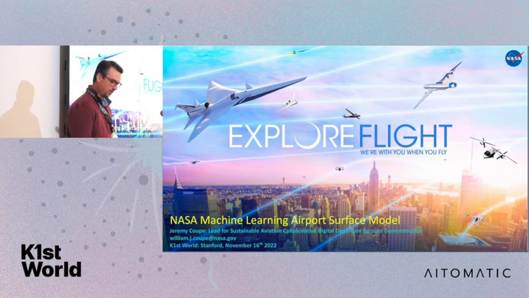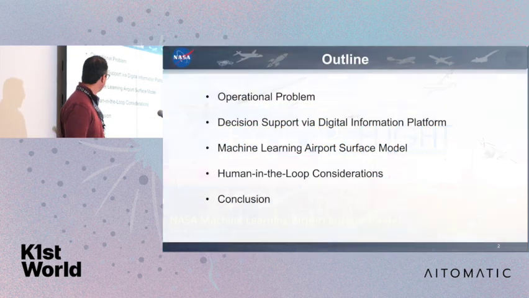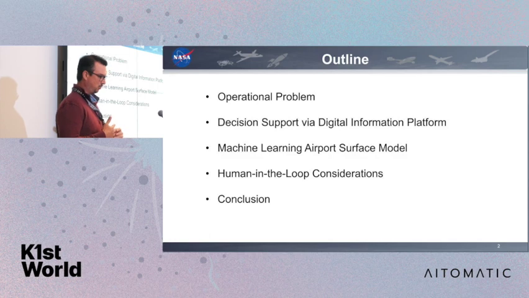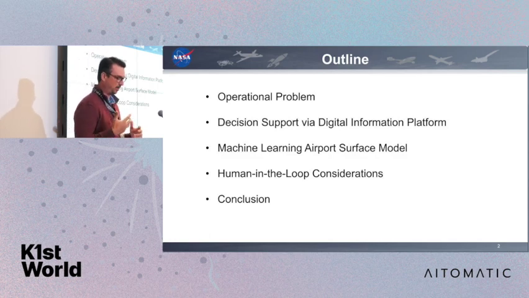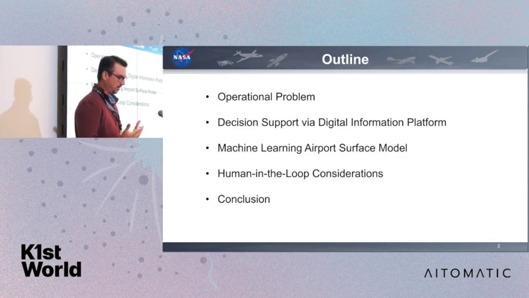The outline for today's talk is we're going to start off by describing the operational problem that we're trying to solve. We'll talk a little bit about how we're delivering decision support to human users of the system through what we call the digital information platform. We'll get into the details of the underlying machine learning airport surface model.